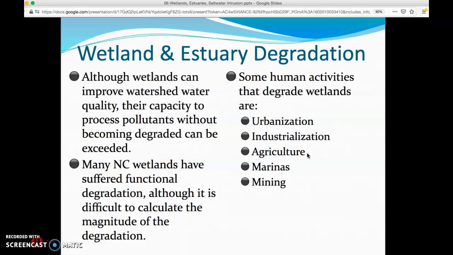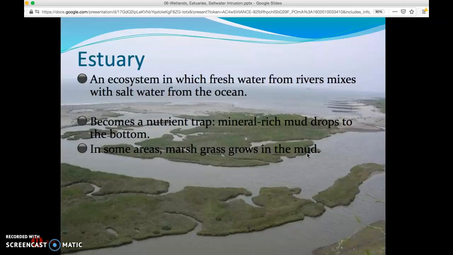Some activities that lead to wetland degradation are urbanization, or building of cities, industrialization, so the building of factories. Agriculture can severely degrade wetlands because we have runoff from the fertilizer and pesticides and herbicides. Marinas and also mining can damage these very beneficial ecological and economic features of our land.